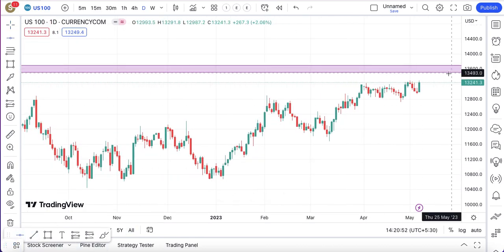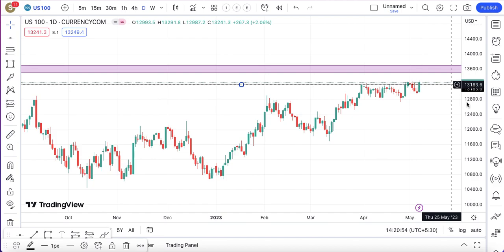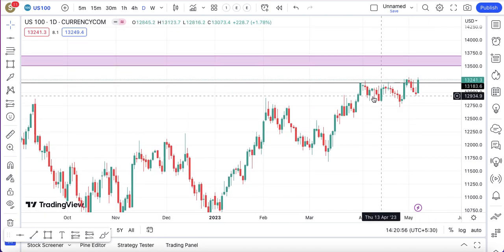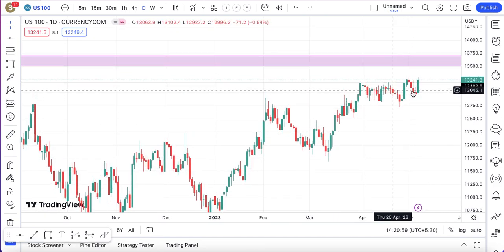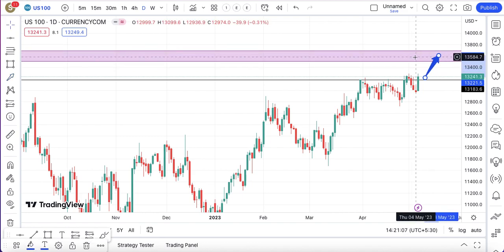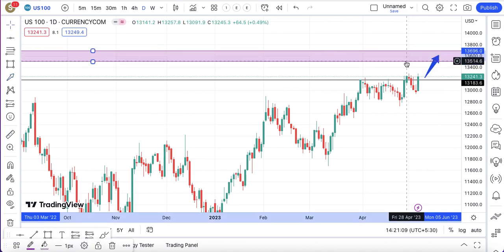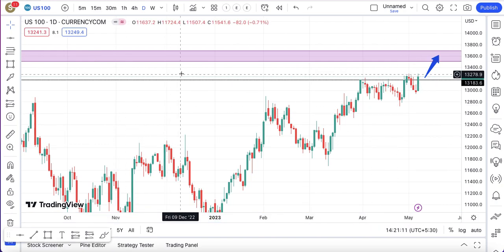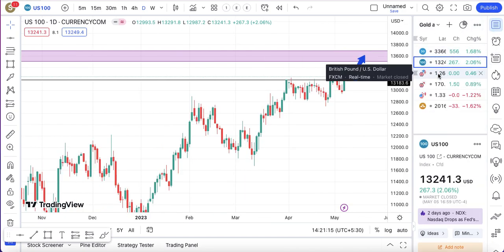Although the previous resistance on the daily time frame has already been broken, if you see market taking resistance from here, it has already been broken. So we are expecting more bullishness for the market. This will be an active zone for us to watch. And yes, this is about US Tech.